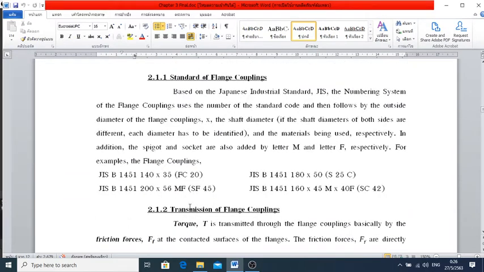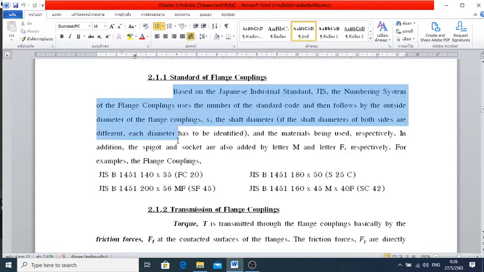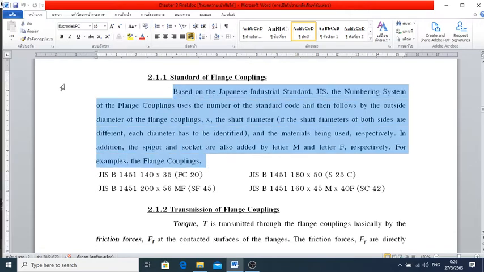And then let's go for another topic. It's going to be the standards on the flange coupling anyway. Let me read it out for you guys here. It says here, based on the Japanese Industrial Standards or JIS, the numbering system of the flange coupling uses the number of the standard code, followed by the outside diameter of the flange coupling times the shaft diameter.